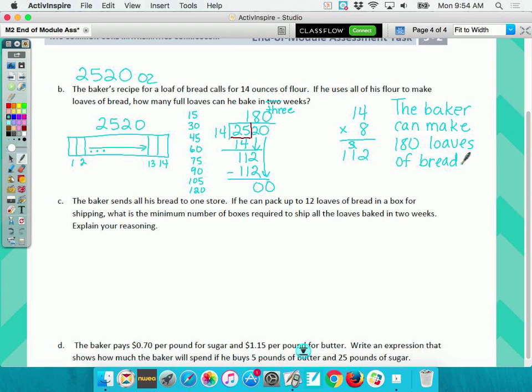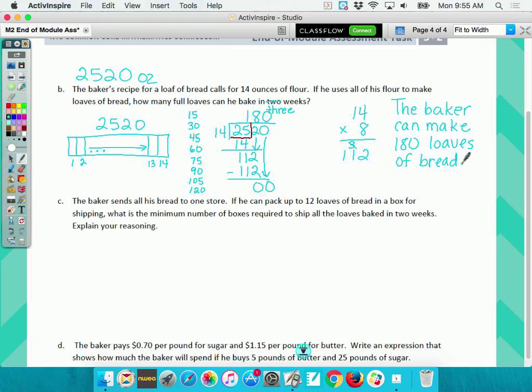Okay. The baker sends all the bread to one store. Okay, you had some of these in 4th grade.